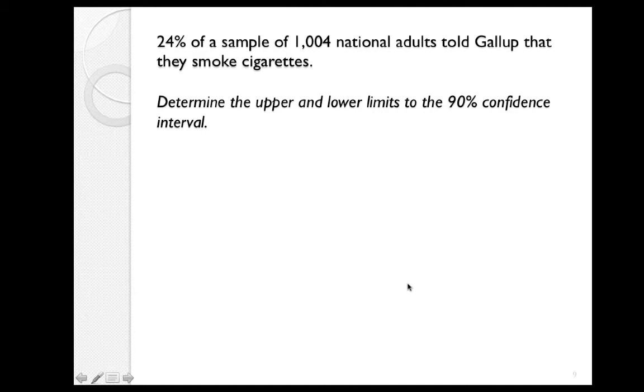So finally, to determine the upper and lower limits of the 90% confidence interval, we're talking about a lower bound that is going to be 24% minus 2.21, and an upper bound of 24% plus 2.21, and so 21.79%, 26.21%.